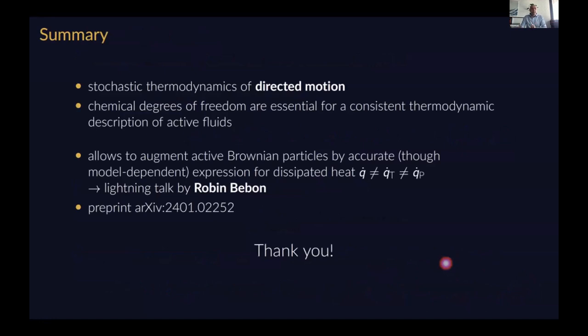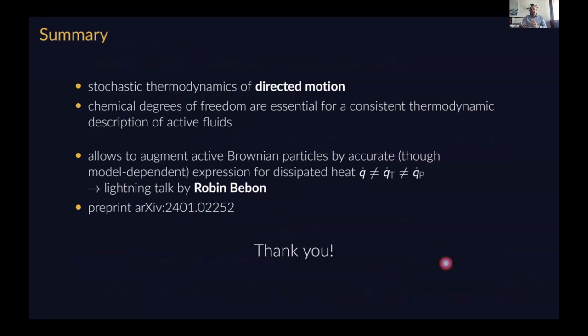So with this, I'm already through, so I hope I could motivate, if not convince you, that chemical degrees of freedom are important and essential for a consistent thermodynamic description of active fluids.